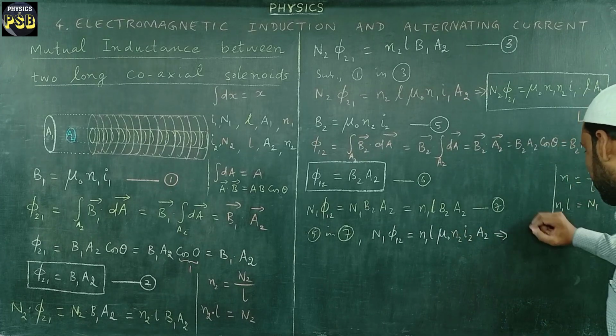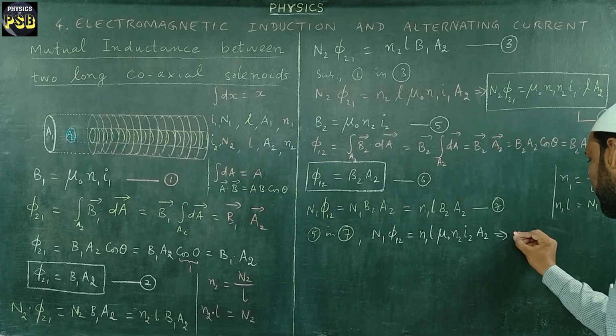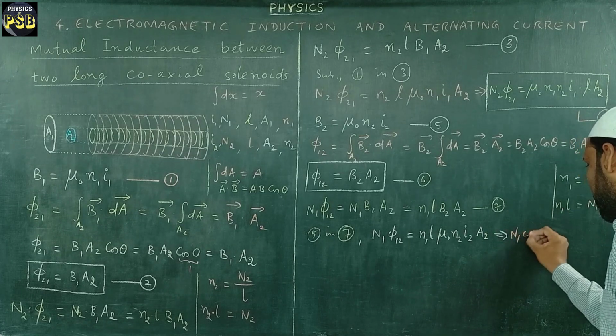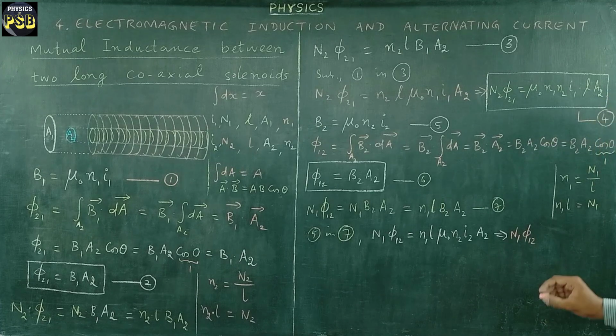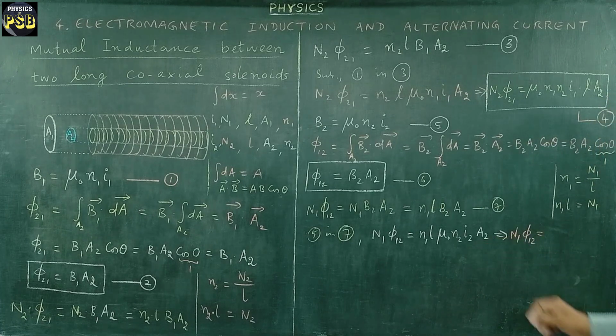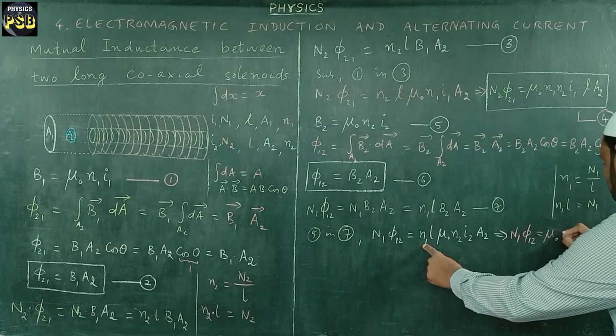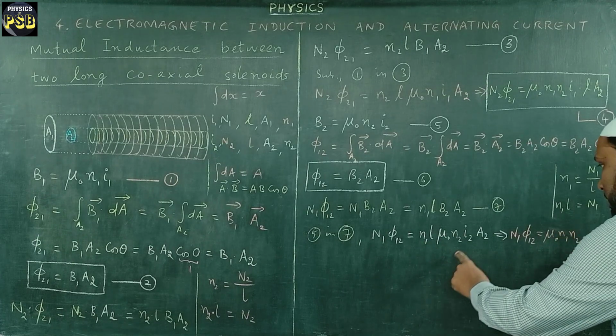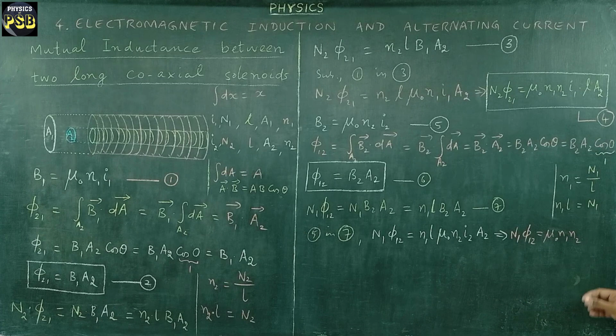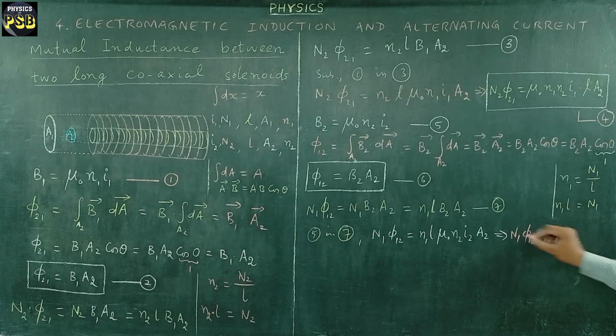If I rearrange this, I get N1 phi 1 2 equal to mu naught n1 n2 multiplied with the current flowing through it, that is I2.